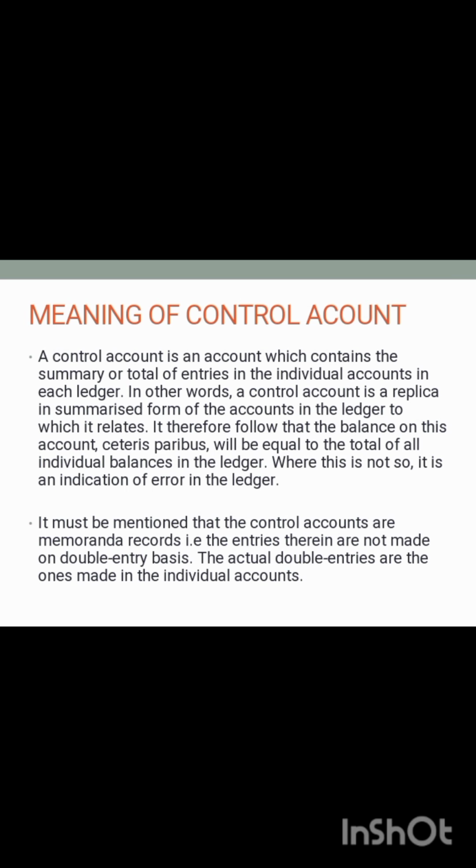So basically we have three types of ledger: the purchase ledger, the sales ledger, and the nominal ledger. The purchase and the sales ledger are what control accounts look into. So all our debtors and our creditors are being summarized. The totals of them are summarized and placed into this account instead of having numerous ledgers.